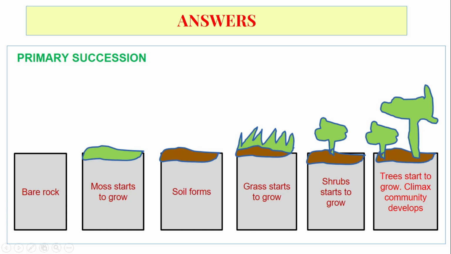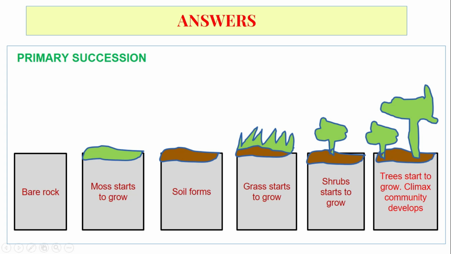Then, as you have more decomposition taking place here on the soil, you have more soil being formed, then you have shrubs. These are plants that are not taller than 3 meters, but they are not very low. They are medium in size, like your guava trees, and some of your fruit crops.